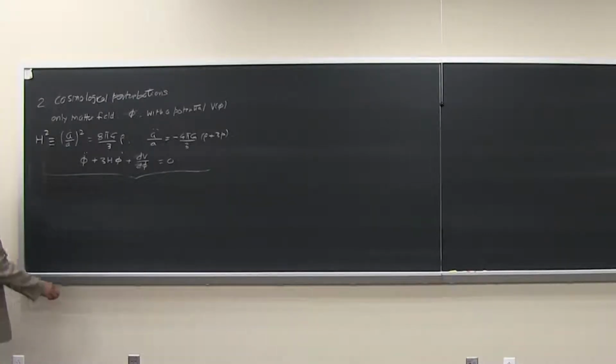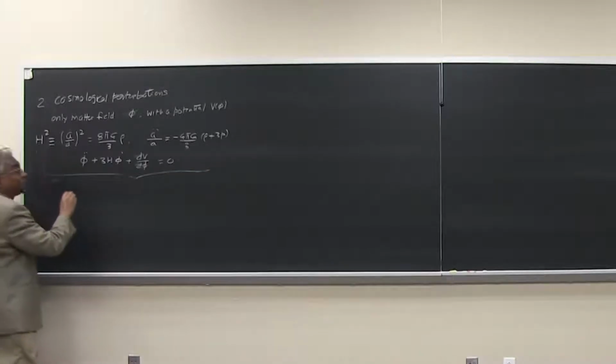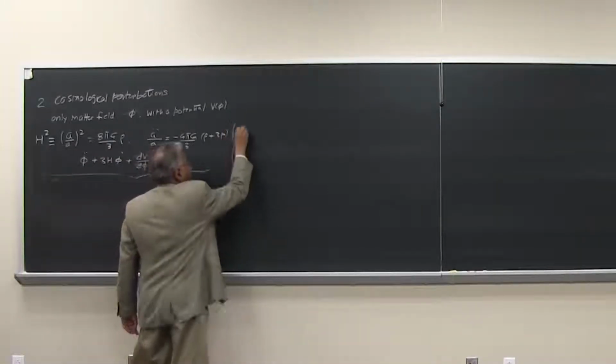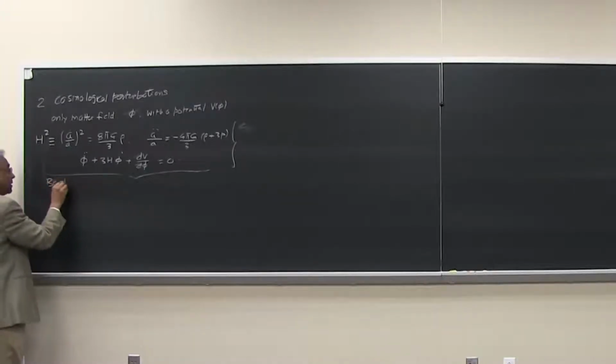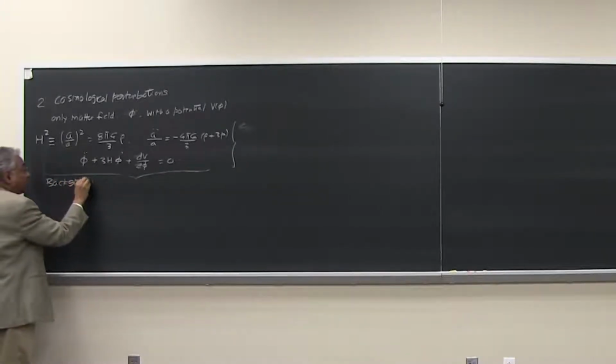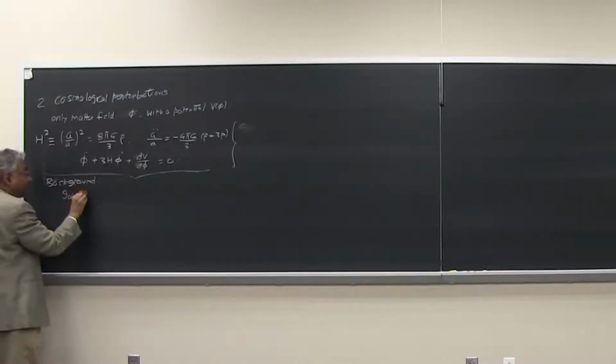Okay. And now what we want to do is to do perturbations about it. So this is the background geometry. The background geometry is then the metric g bar ab.